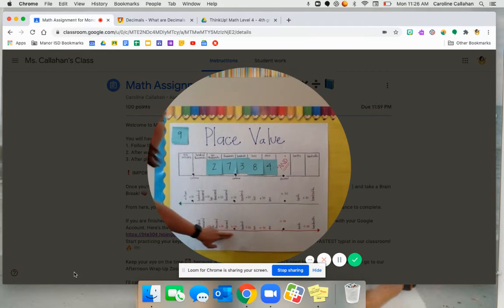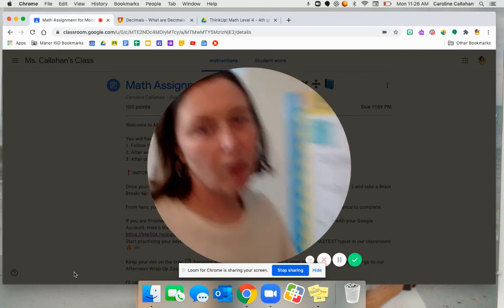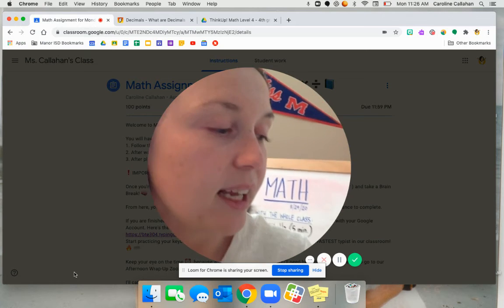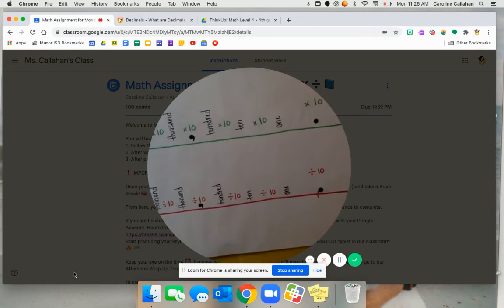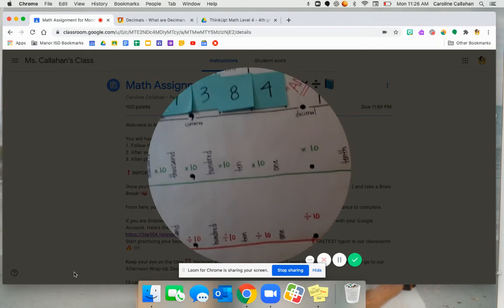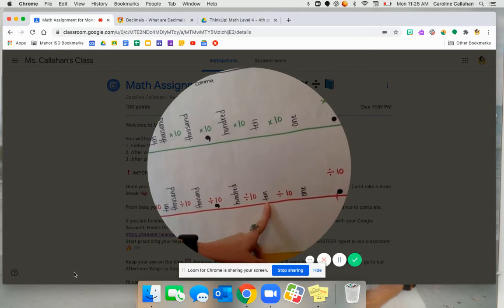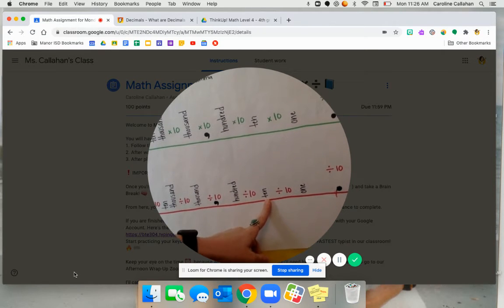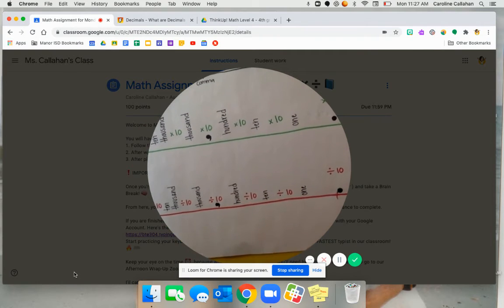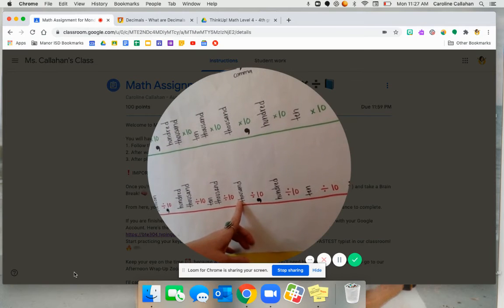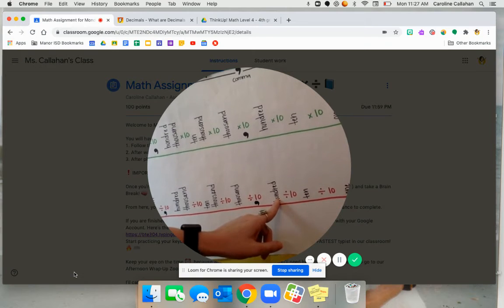But what we are going to be talking about now is how the value decreases by 10 times as we move from left to right. Obviously, we all know from third grade that the opposite of multiplication is division, right? So looking down here, when we move from 10 to 1, 1 is 10 times less than 10. And when we move from 1,000 to 100, 100 is 10 times less than 1,000.